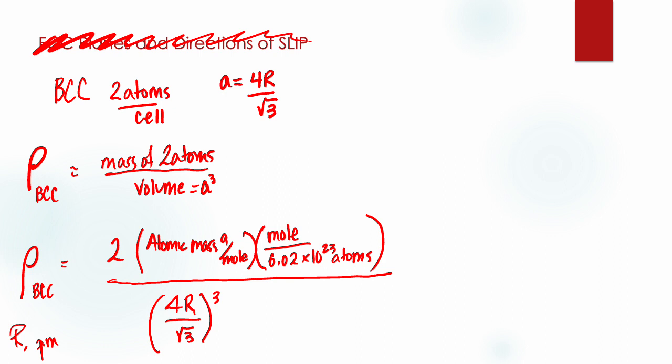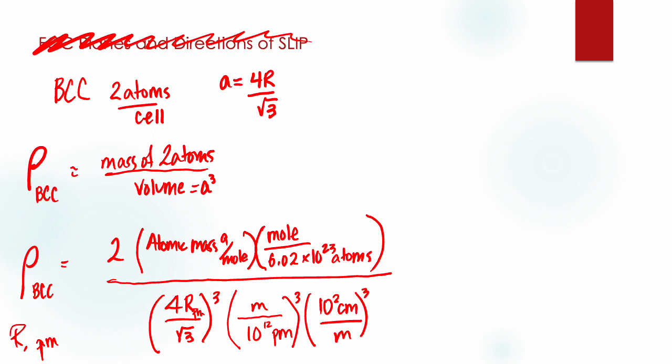So if this is picometers, and I know that typically density is going to be in mass per cubic centimeter, I've got 10 to the 12 picometers in a meter, and I've got 10 squared centimeters per meter.